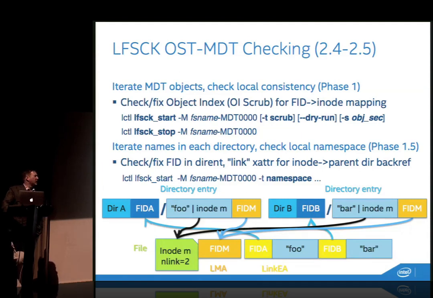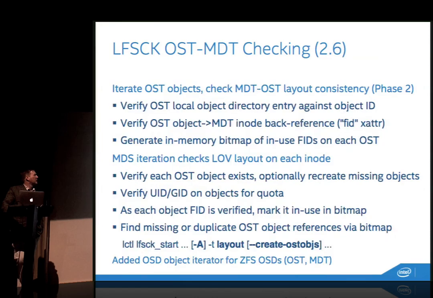In the 2.6 release, which was just done a month or two ago, we added in the LFS check phase 2 feature, which is verifying the consistency between the MDT layout and the OST objects.